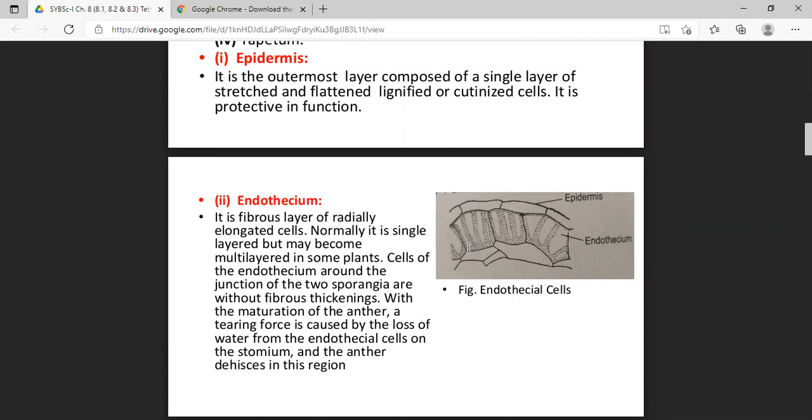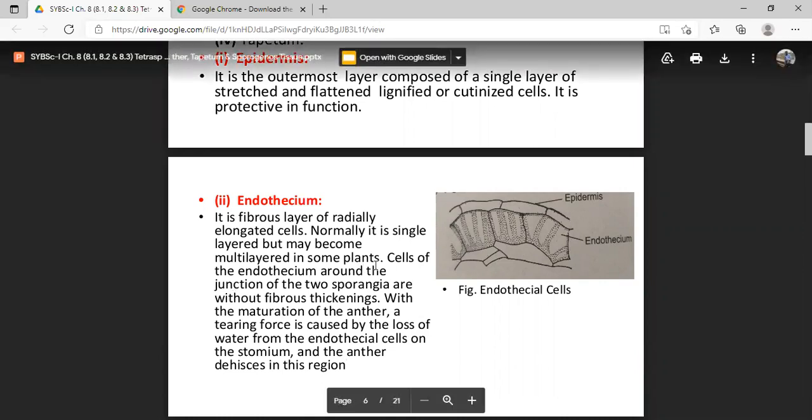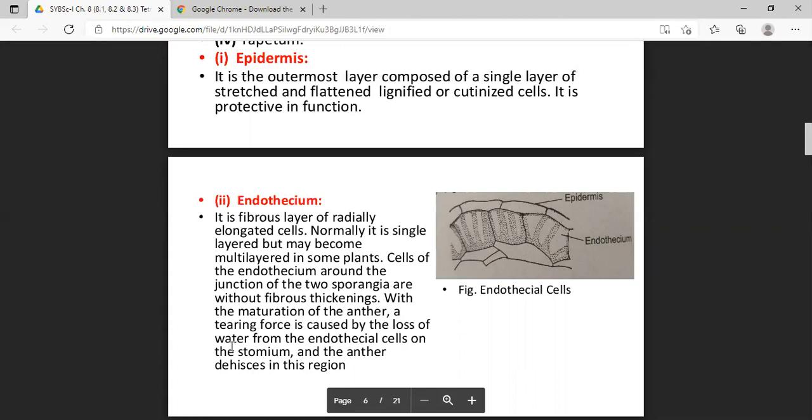The endothecium cells around the junction of the two sporangia are without the fibrous thickening. With the maturation of the anther, a tearing force is caused by the loss of water in the endothecium cells, at the region called the stomium. Stomium is nothing but the opening of the anther, and there is dehiscence of the anther here.